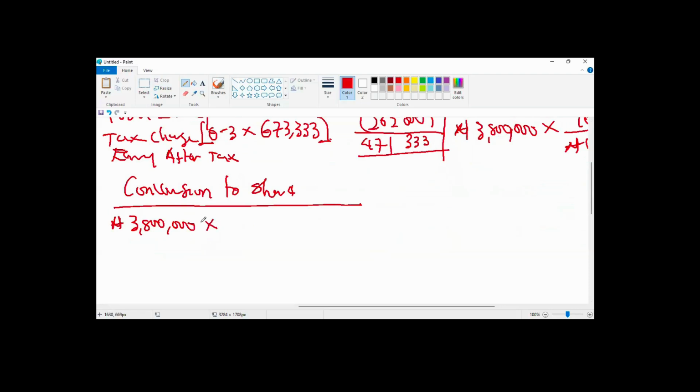Times what is the conversion term? What is the conversion term? 1 for 10. 1 debenture for 10 ordinary shares. So what is the value of the debenture? 10.